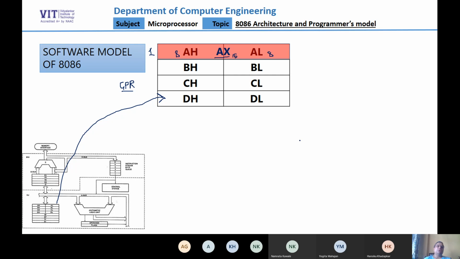Now, I know the name of the register, I know its capacity. Now, I should know what is its significance.